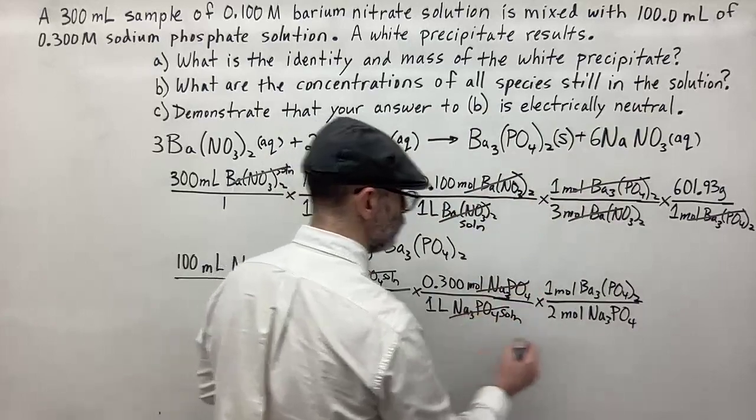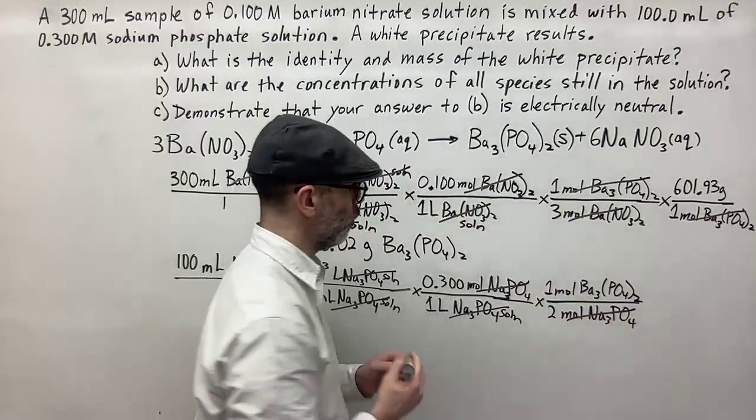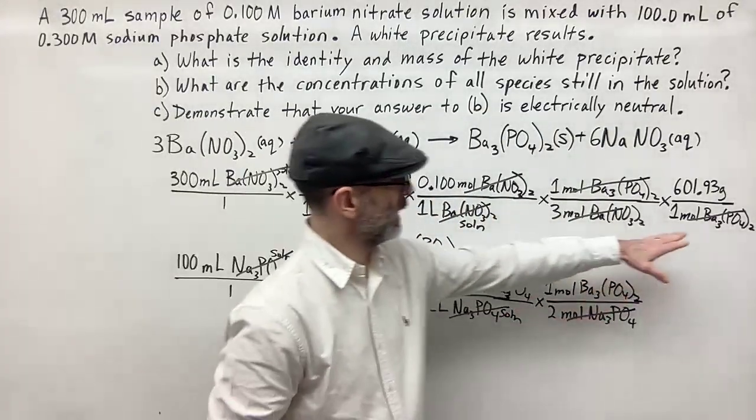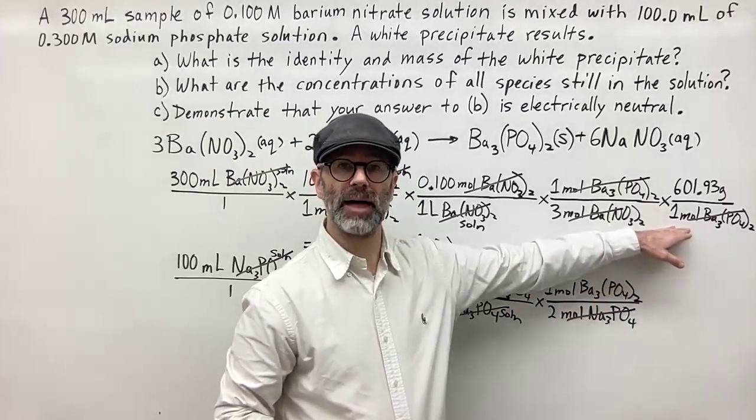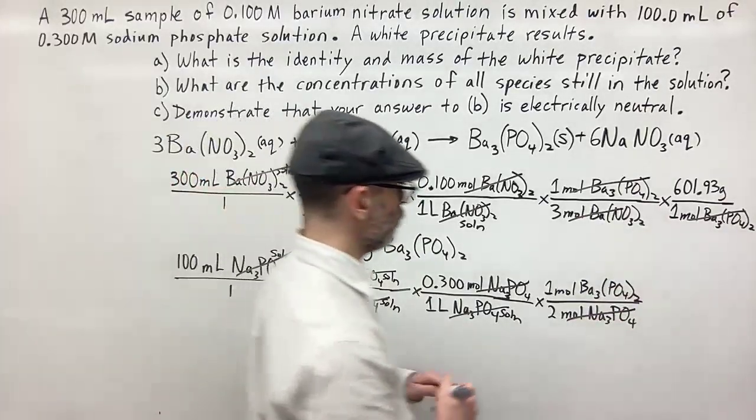So moles of the sodium phosphate cancel out. Now I have moles of the barium phosphate. And again, I'm going to use the molar mass to convert to grams.